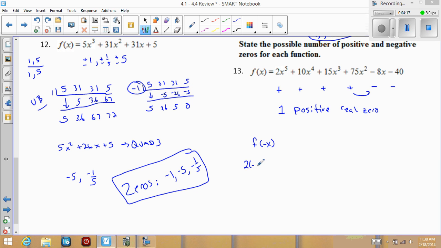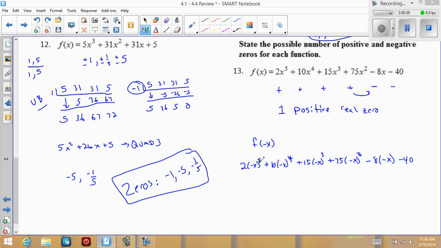So 2 times negative x to the 5th plus 10 times negative x to the 4th plus 15 times negative x to the 3rd plus 75 times negative x squared minus 8 times negative x minus 40.